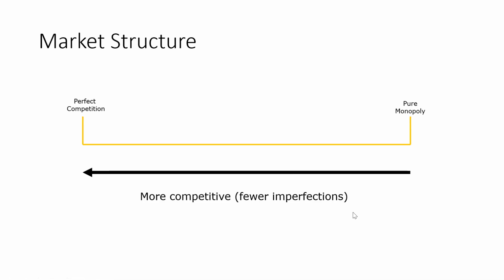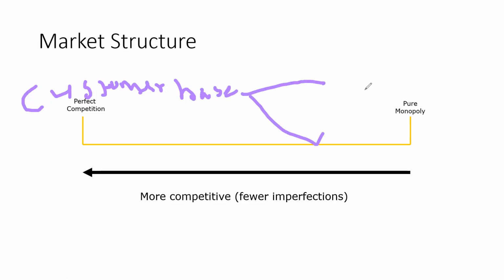We can classify different market structures based on different criteria. If we consider the customer base, we can identify basically the retail markets and the wholesale market, right?